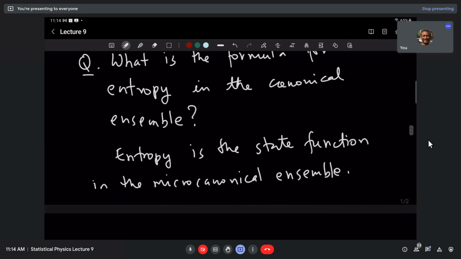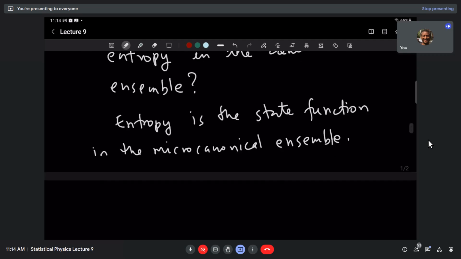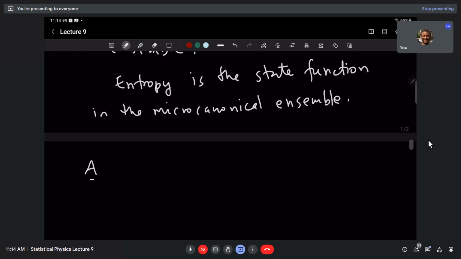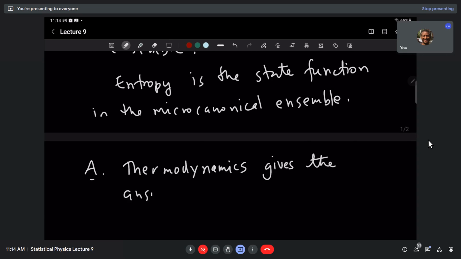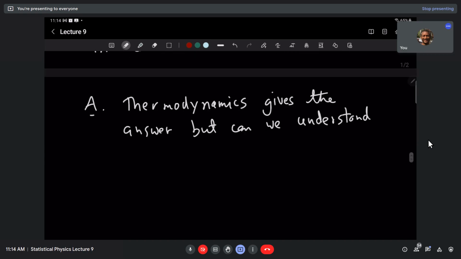But I'm asking, what is it in the canonical ensemble? Okay, so of course there is an answer. The answer, thermodynamics gives the answer, but can we understand it in our setting?